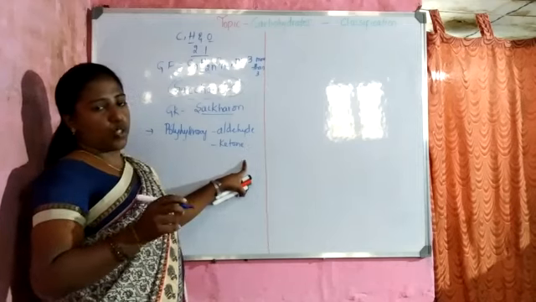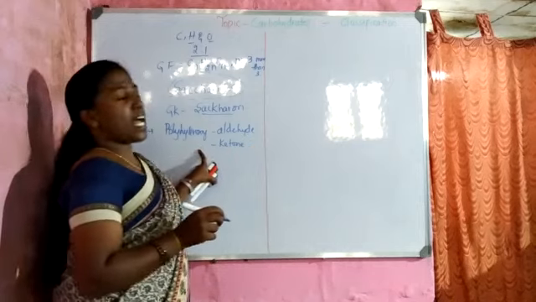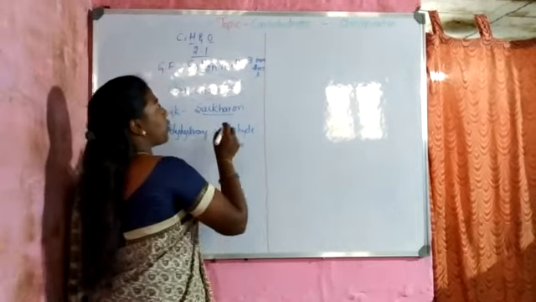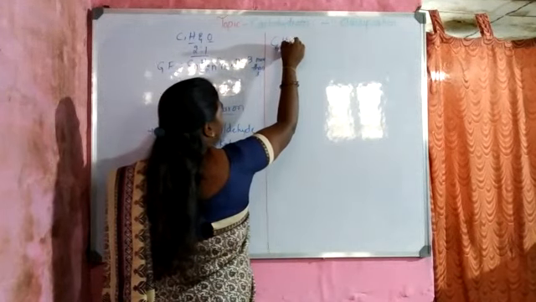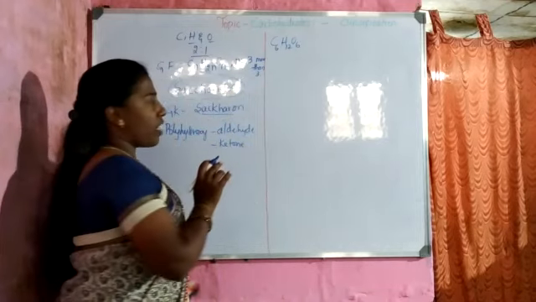Okay, that is the definition of carbohydrates. One of the examples of a carbohydrate is glucose, and the formula of glucose is C6H12O6.